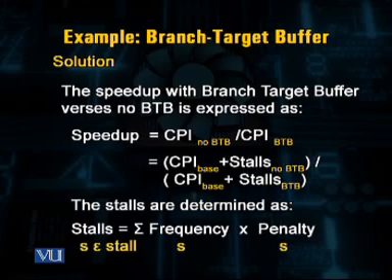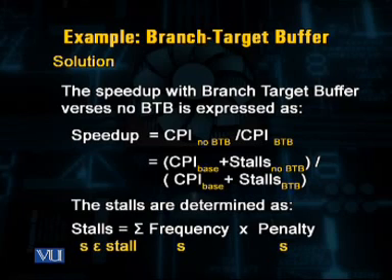Whereas the number of stalls with a branch target buffer or without a branch target buffer can be defined as the sum of the product of the frequency of the event multiplied by the penalty.